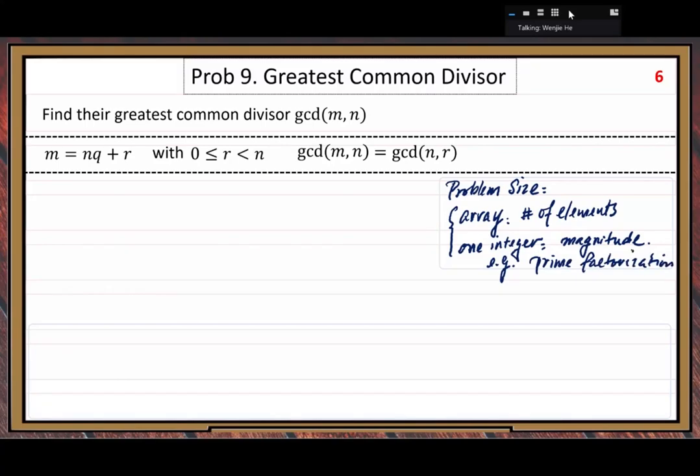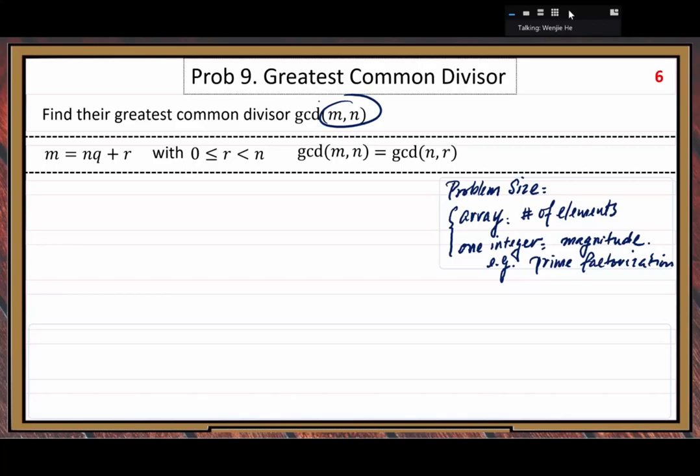But here, if I ask you, what's the meaning of the problem size? Because here there are two input numbers, m and n. Two, not one. If it were one, it's easy, the magnitude. But with two, the magnitude of which one?